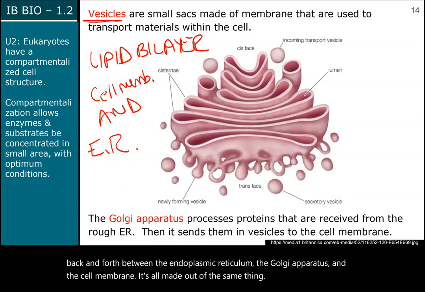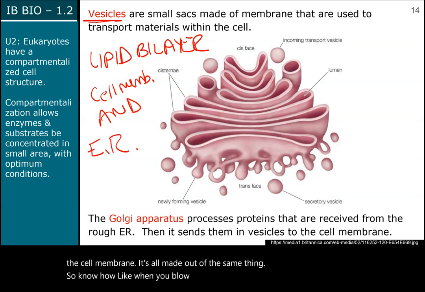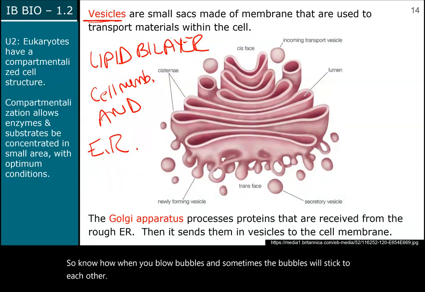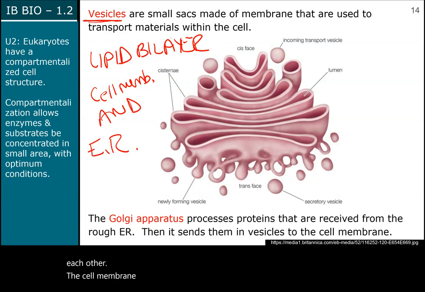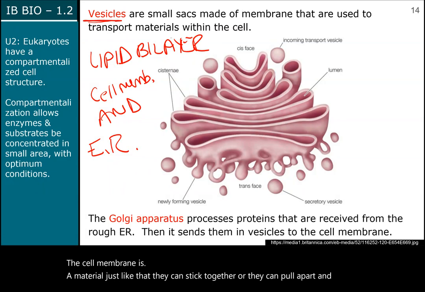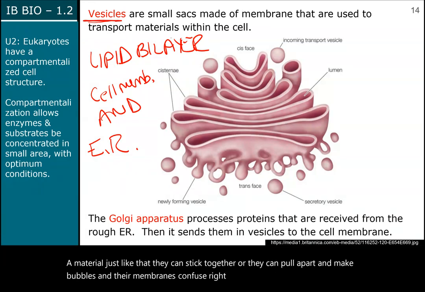So you know how when you blow bubbles and sometimes the bubbles will stick to each other? The cell membrane is a material just like that. They can stick together, they can pull apart and make bubbles, and their membranes can fuse right back together again. They're really cool.